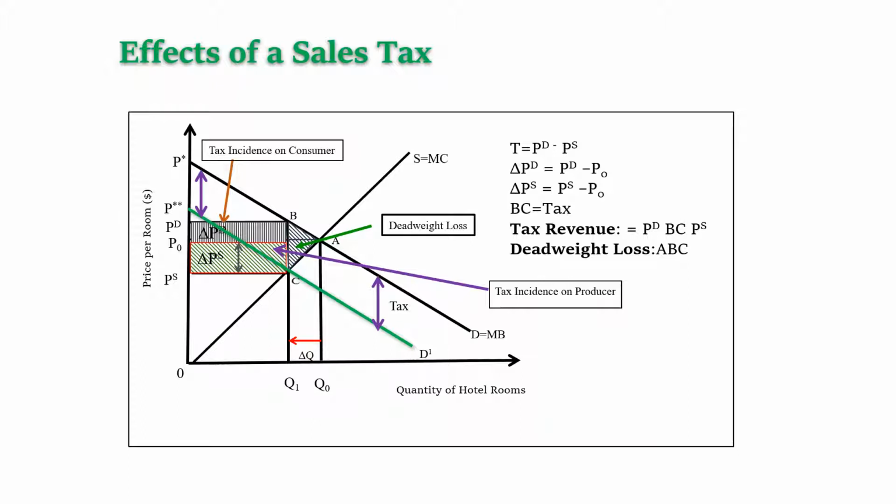The seller is not by law required to pay the sales tax. It is who? The consumer. By law, the consumer is required to pay the sales tax. Now we are going to look at statutory incidence of taxes and economic incidence of taxes.